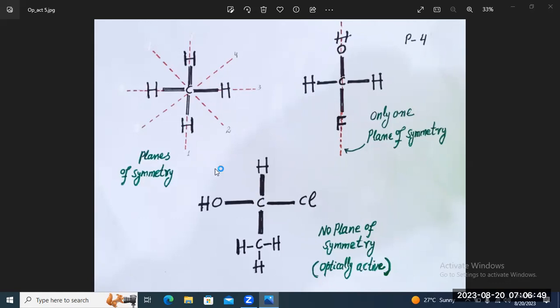Hence, this molecule lacks a plane of symmetry, or any other kind of symmetry element is not present in this molecule. Hence, on these bases, we call this molecule an optically active molecule.